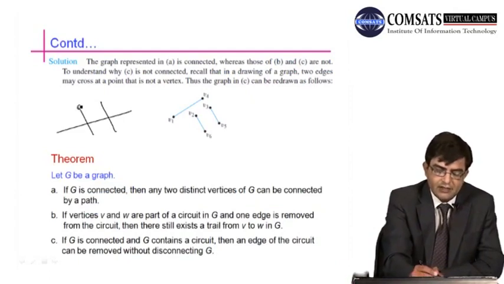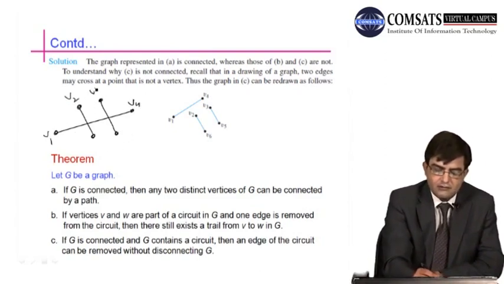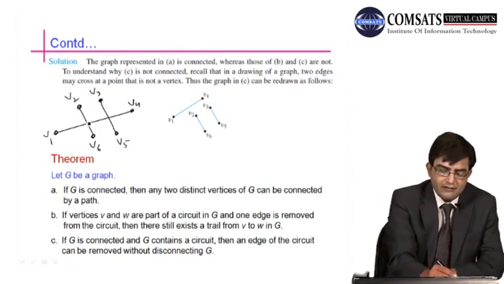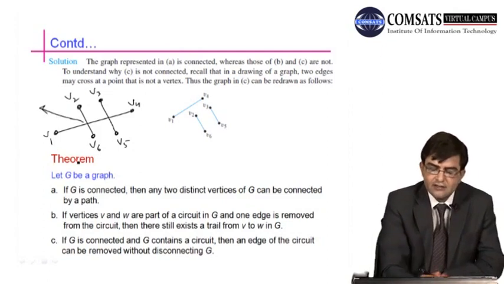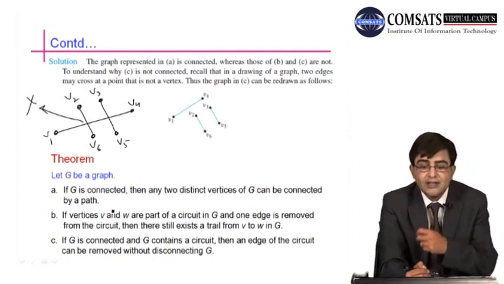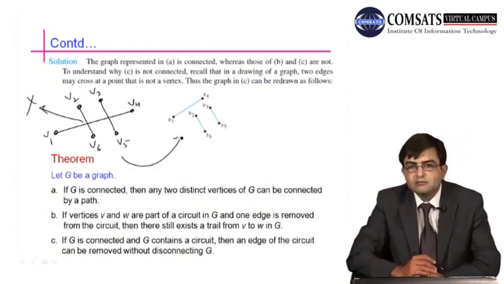Here we have V1, V4, here we have V2, V3, V6, V5. So we don't have any edge between them, so these vertices are not connected by any edge. So this graph can be redrawn like this.